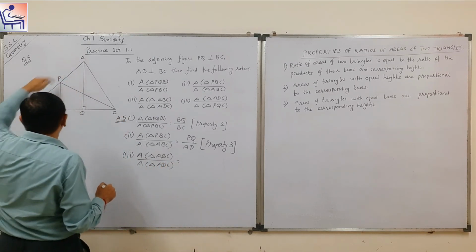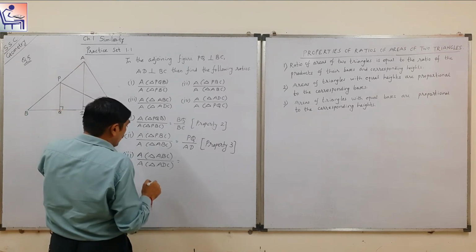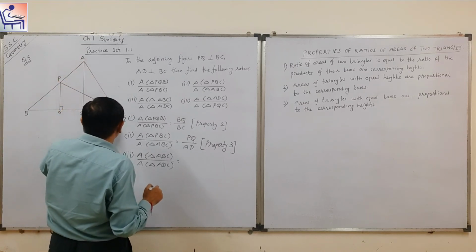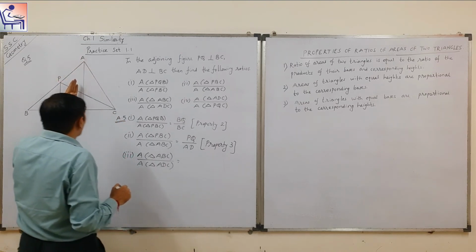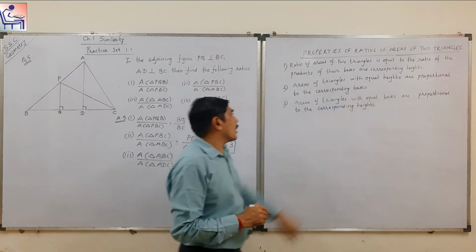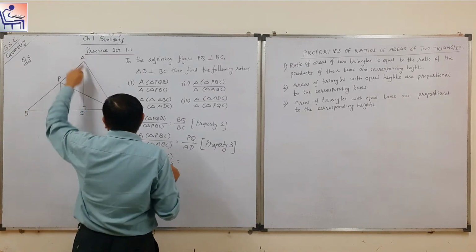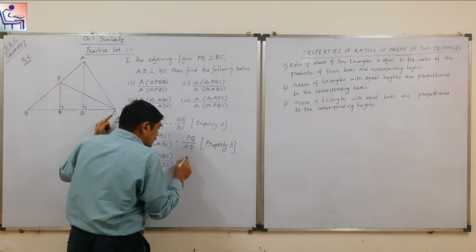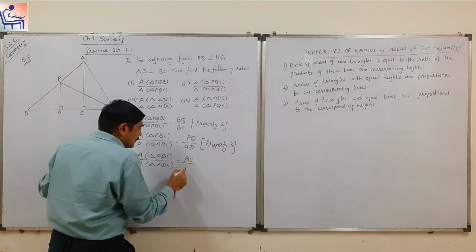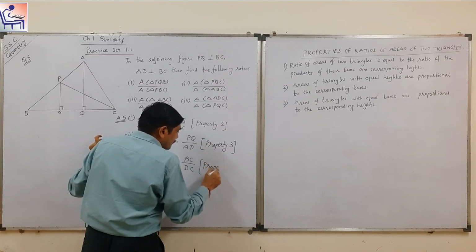If you have noticed triangle ABC में AD हाइट है, BC बेस है, और ADC में AD हाइट है और DC बेस है. In both the triangle you have noticed that heights are equal, so it depends upon the corresponding bases. So हमें ABC का बेस देखना पड़ेगा. ABC का बेस है BC और ADC का बेस है DC. I will write property 2.